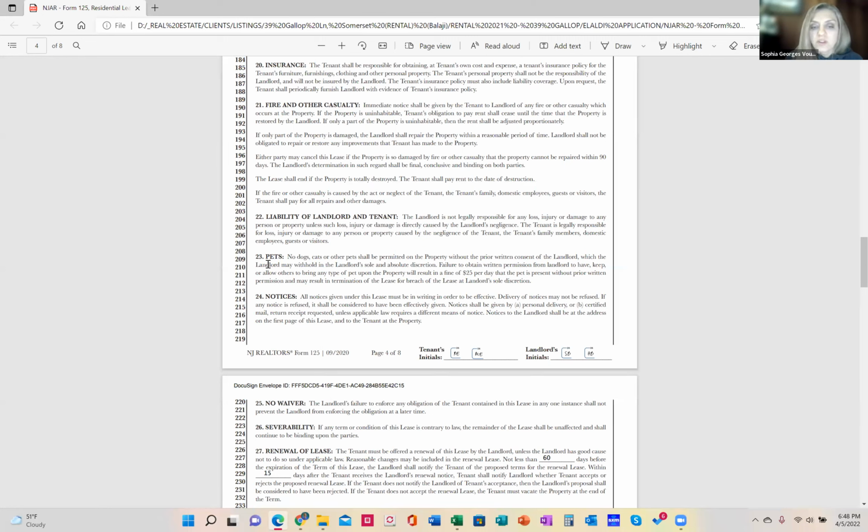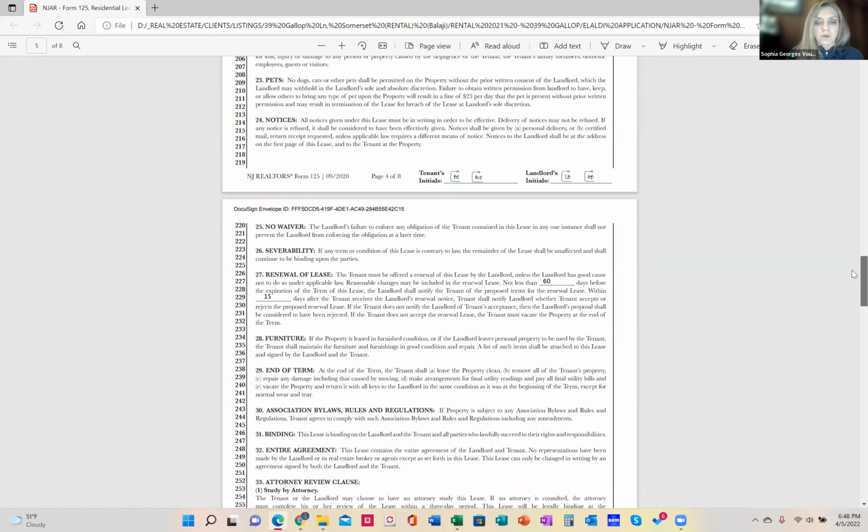Pets, this is where it talks about no pets being allowed. If you are going to allow pets, you can add a little blurb at the end to say that there's going to be a pet. Okay, renewal of the lease. At the lease end, I usually put in my leases that not less than 60 days before the expiration, the landlord shall notify the tenants if they're going to allow them to renew the lease.